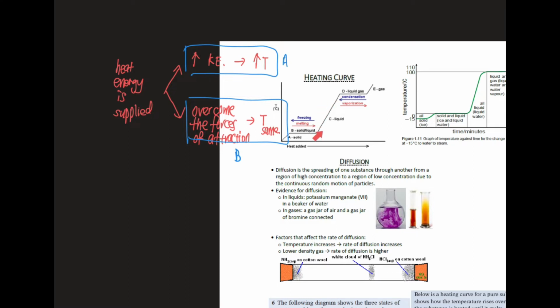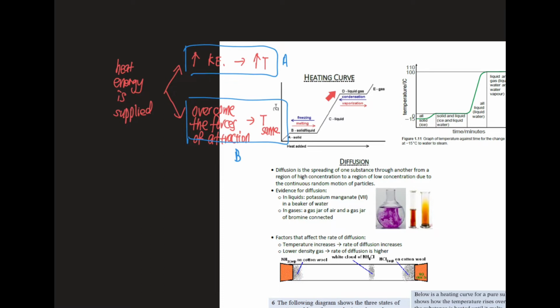Now it becomes liquid. The liquid is heated, and you see the temperature increase, so you should use A again. When temperature is increasing, kinetic energy increases. Now it starts to boil. The temperature is the same, so use B, overcoming the forces of attraction.